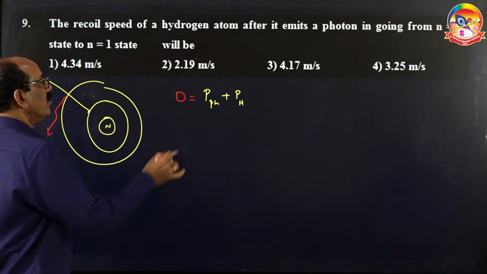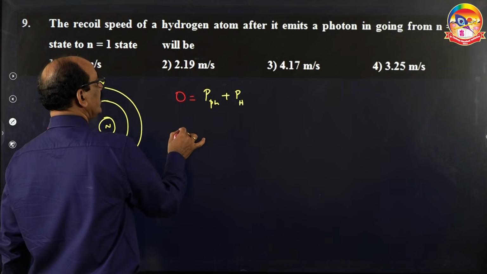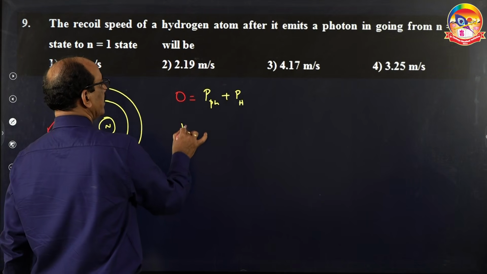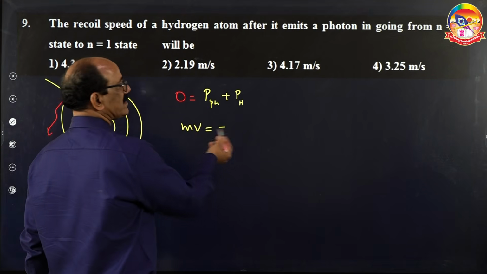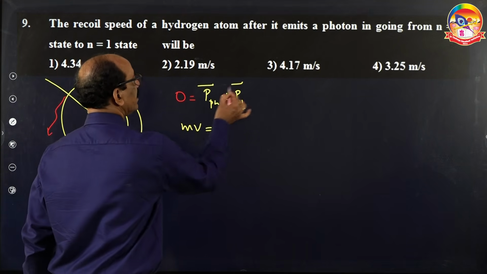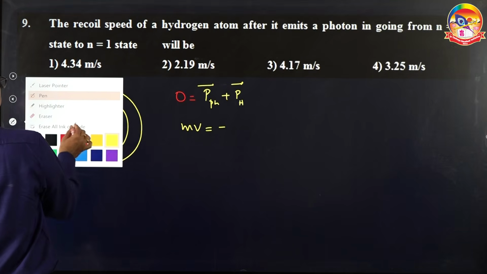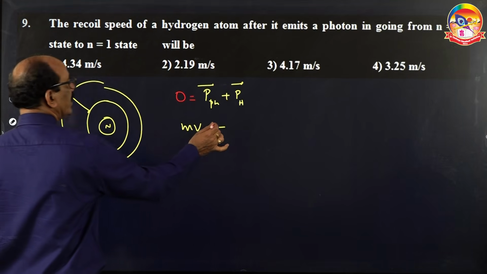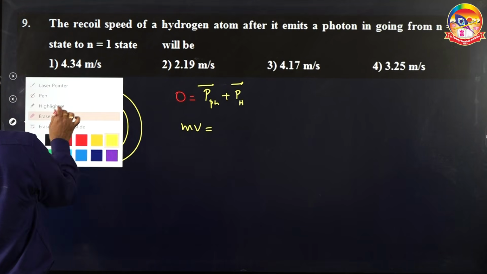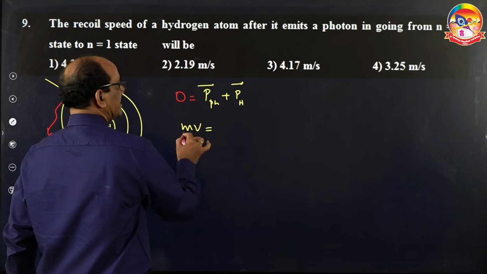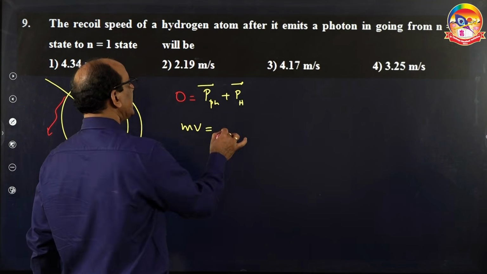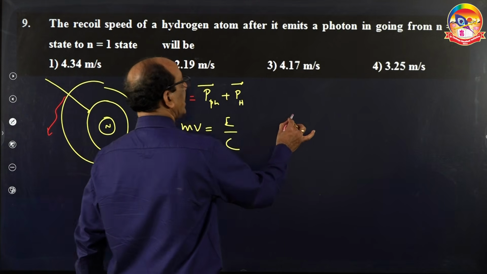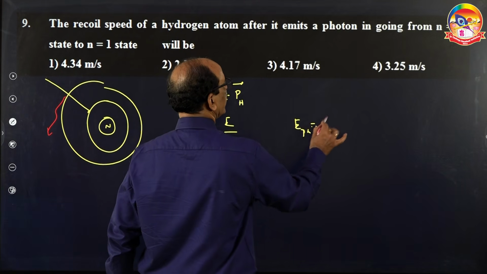Okay? So the momentum of the photon p is equal to E by c, that is the mass of the hydrogen atom into the velocity of the hydrogen atom, with a minus sign vectorially. If you talk about the scalar relation, then we don't need to write this. So here m v is equal to the momentum of the photon, which is the energy of the photon by c, because the energy of the photon E_ph is equal to p c.